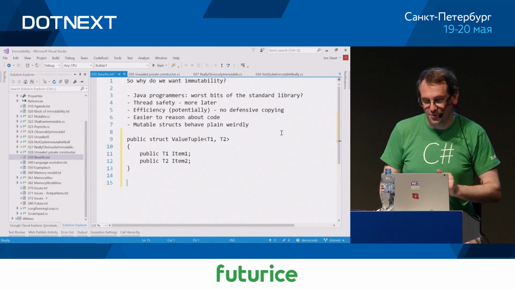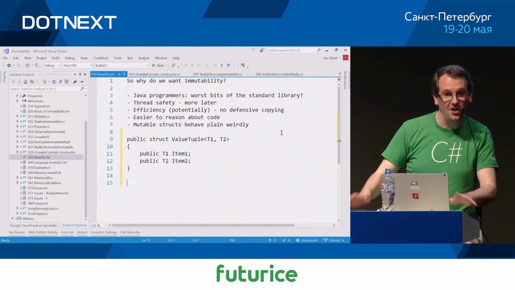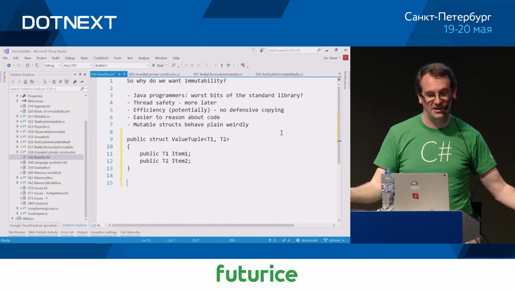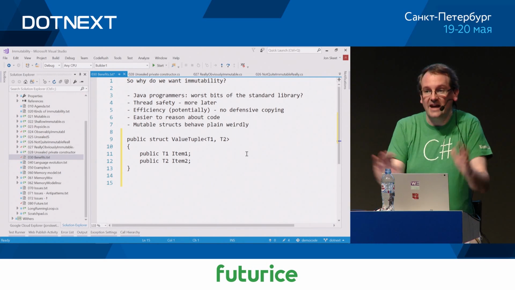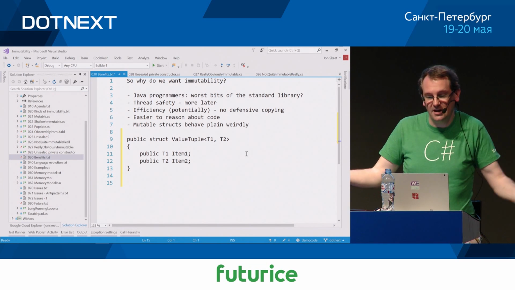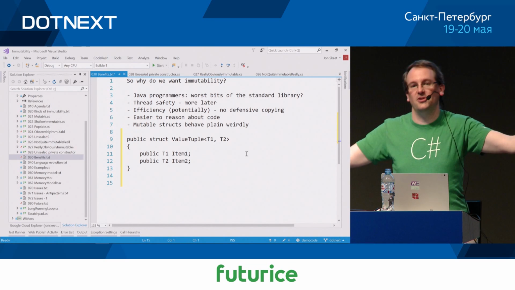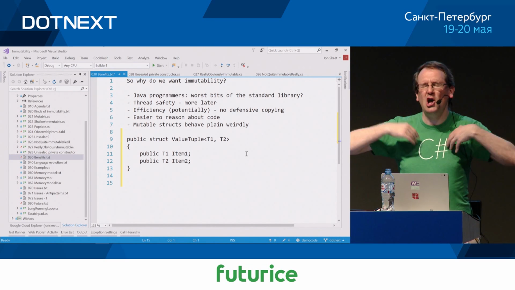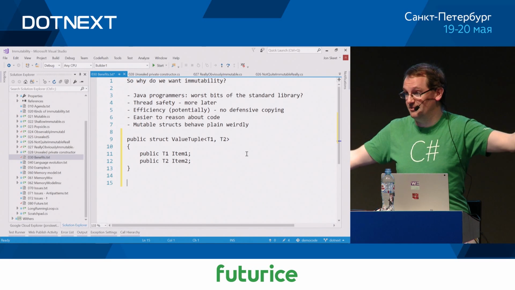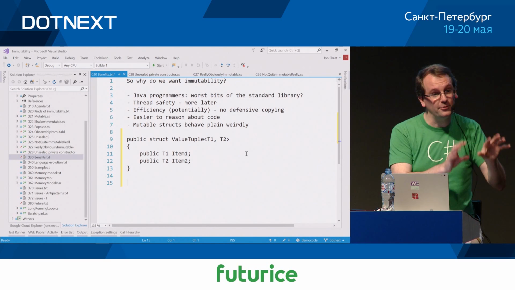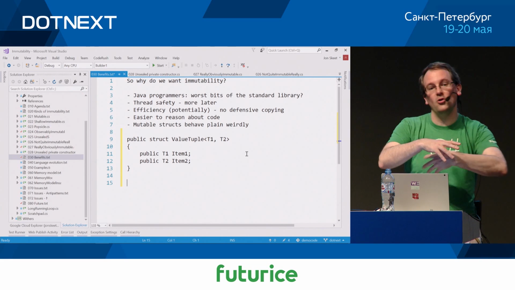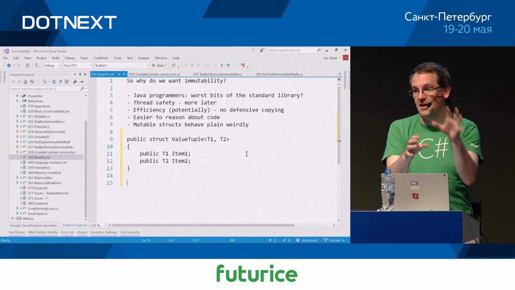And the reason that after a while I learned to live with this is there's no attempt at encapsulation here. There can be no invariant saying item 1 must be less than item 2 or something like that. Value tuple has no idea of what these values are meant to mean. Whereas for most structs, you do have some kind of invariant or you're attaching meaning to the various fields.